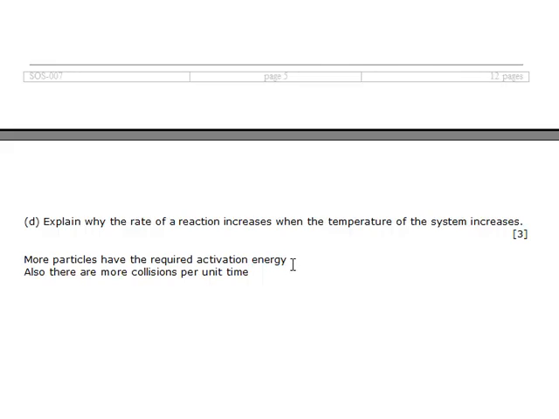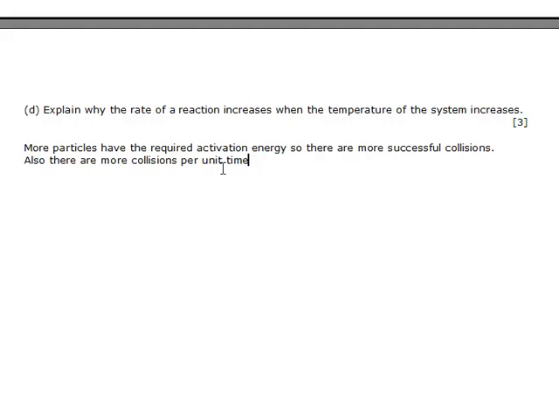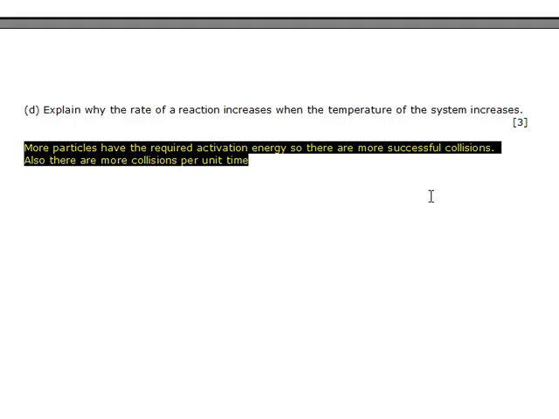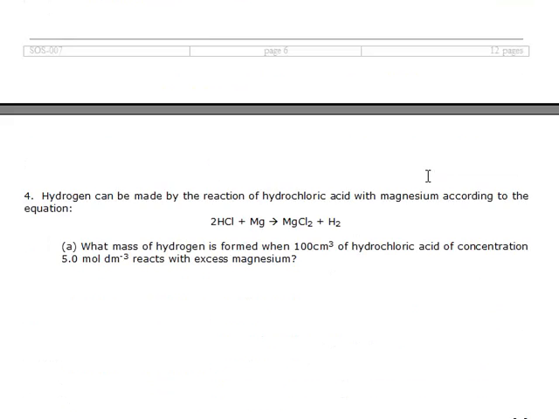More particles have the activation energy, so there are more successful collisions. There are more collisions per unit time. Okay, let's just highlight that one, blue, and move on to the next question.